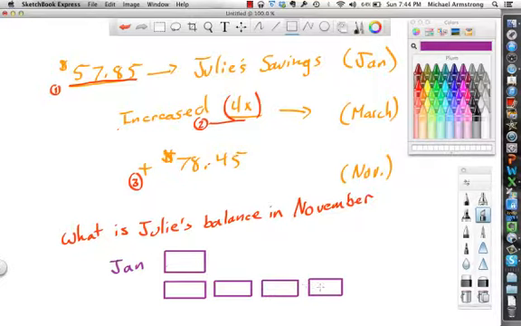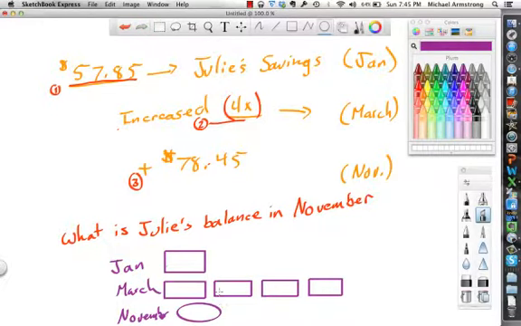And you got to fill them in, and that's for March. And then by November, she adds some more.